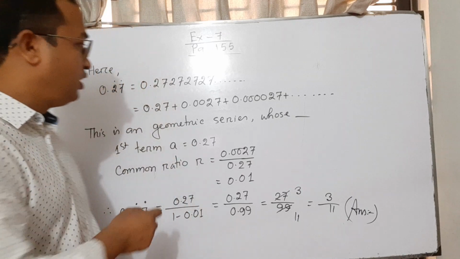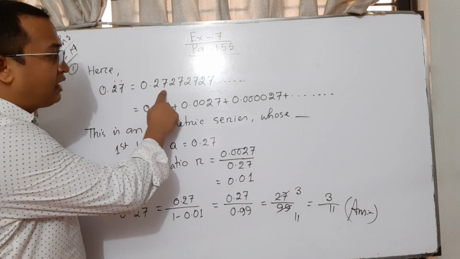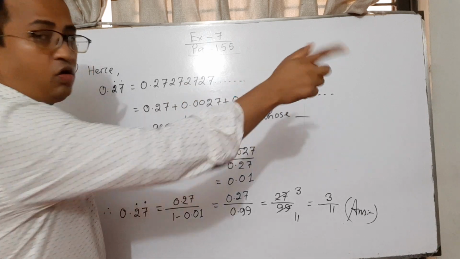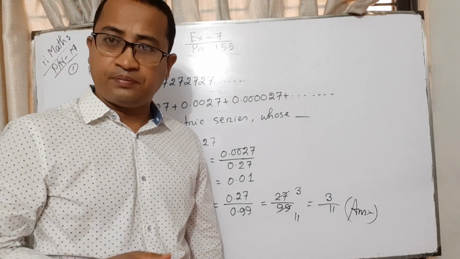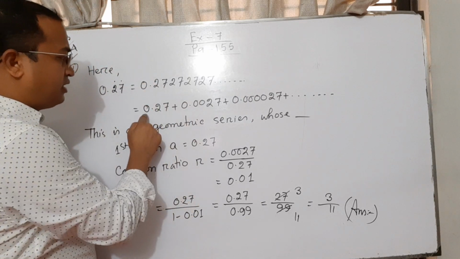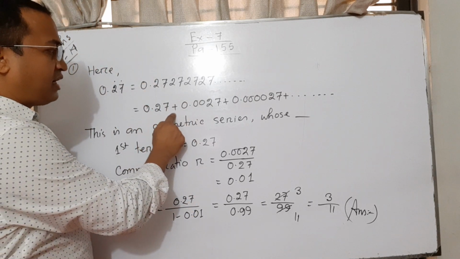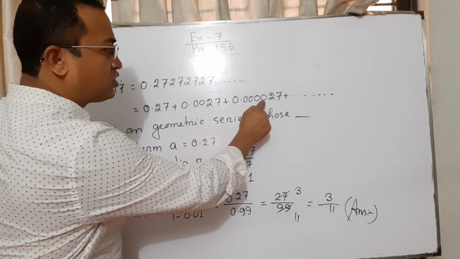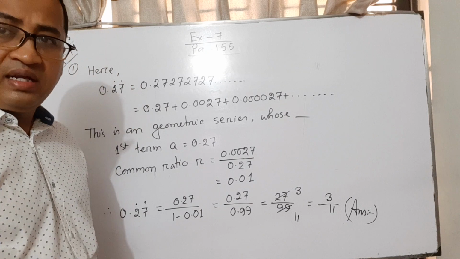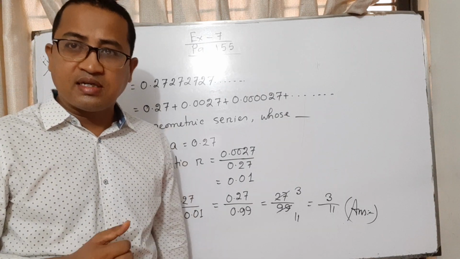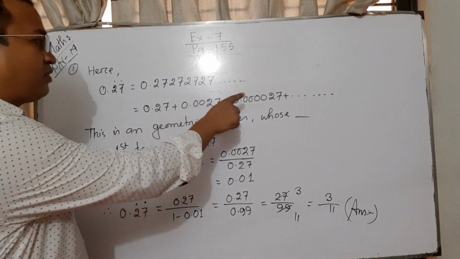So 0.27, again 27, again 27, going on up to infinity. Now we can write this number as 0.27 plus 0.0027 plus 0.000027, a sum of a geometric series.